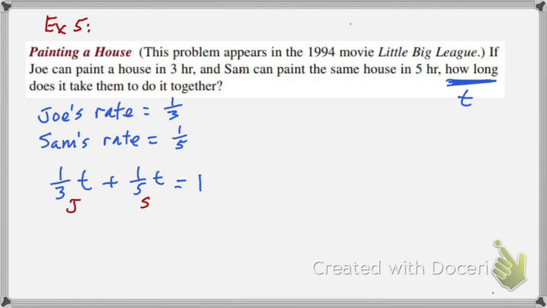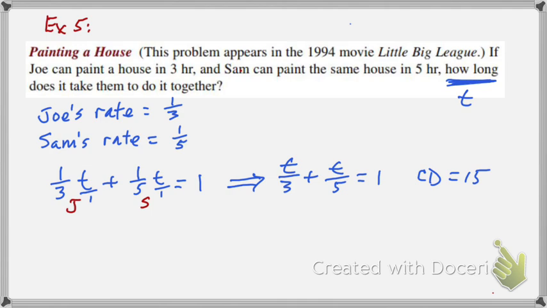I get my equation by saying Joe's rate, 1/3 times whatever time it takes both of them to finish the house, plus 1/5, Sam's rate, times that same amount of time. They're working the same amount of time here in this problem, equals 1, because the whole job would be done.